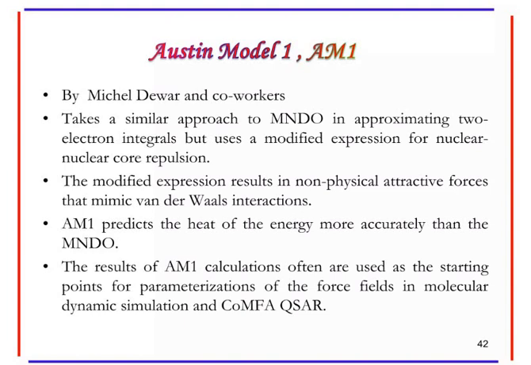Austin Model 1, AM1, by Michael Dewar and co-workers, takes a similar approach to MNDO in the approximation of electron integrals but uses a modified expression for nuclear core repulsion. The modified expression results in non-physical attractive forces that mimic van der Waals interaction.